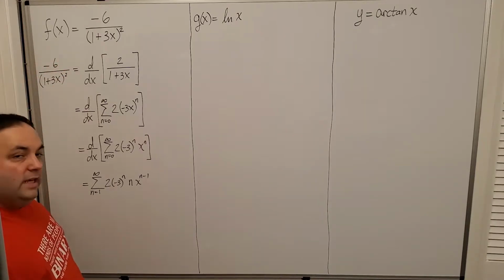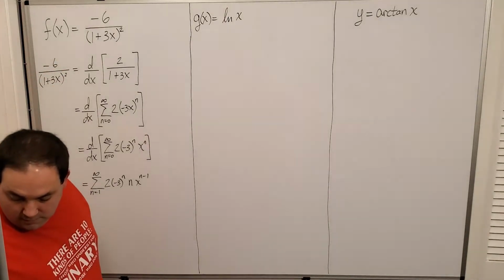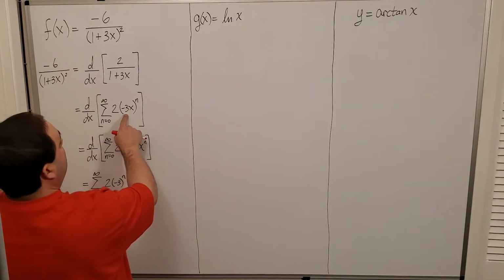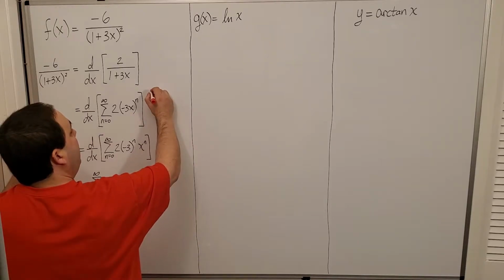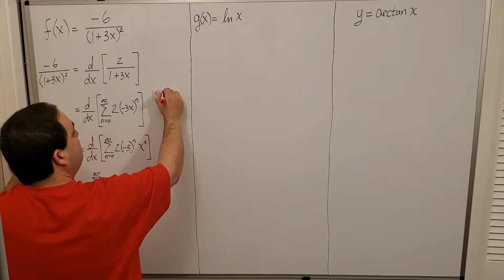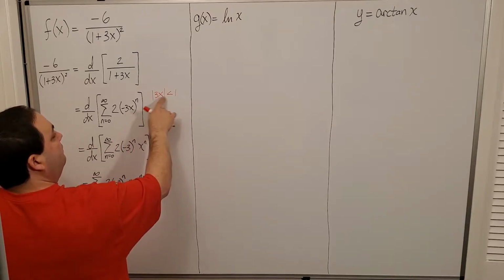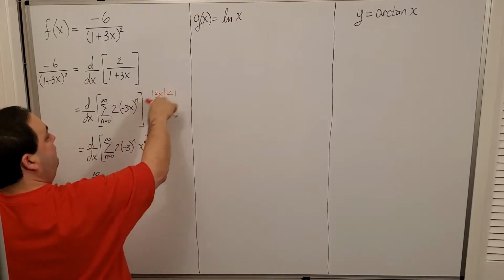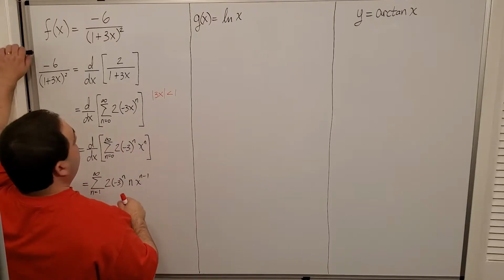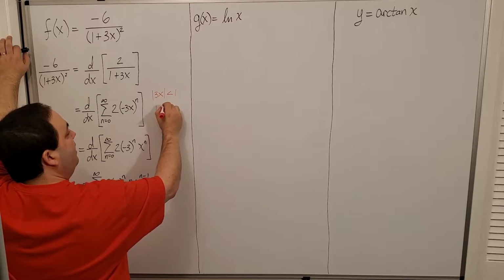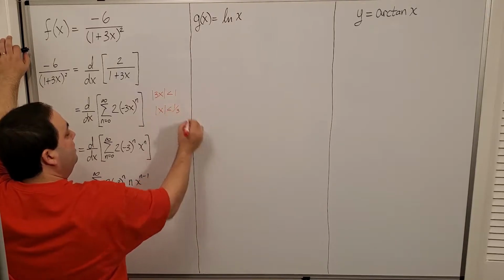Let's talk about interval of convergence. The interval of convergence of this guy right here is telling me that the absolute value of 3x has to be less than 1. Dividing by 3, notice the absolute value got rid of the negative there. So dividing by 3, it tells me that the absolute value of x has to be less than 1/3.